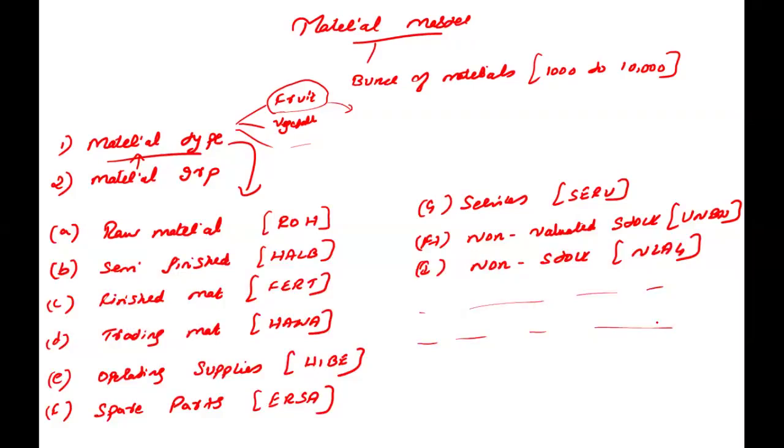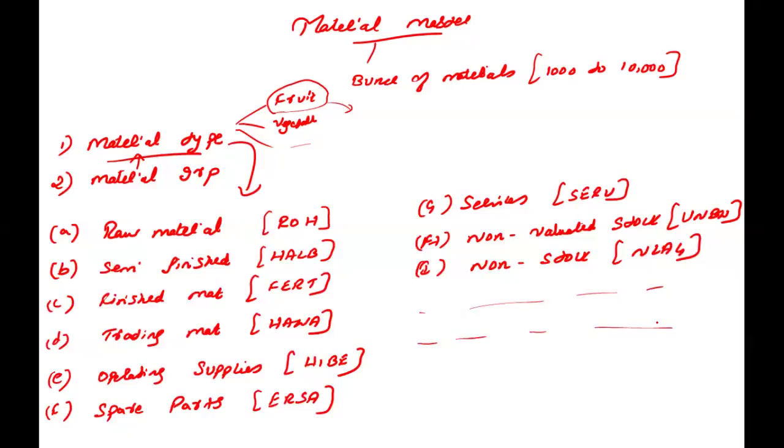They mix all this raw material and manufacture the concrete. So concrete is going to be your semi-finished material. The first thing the business is going to do is purchase the raw material. Using that raw material, they will start their business.